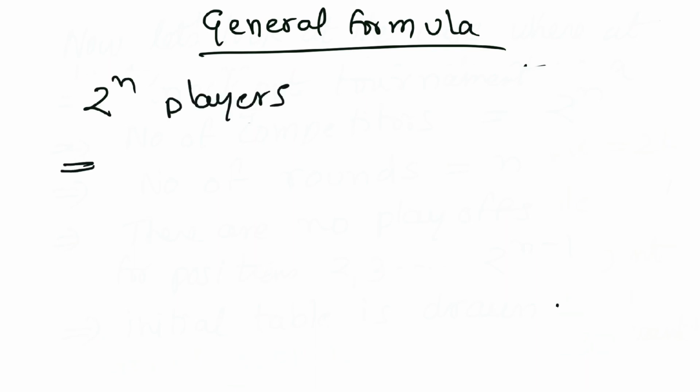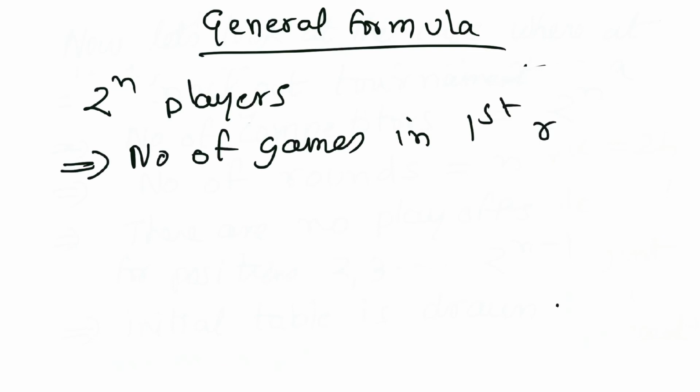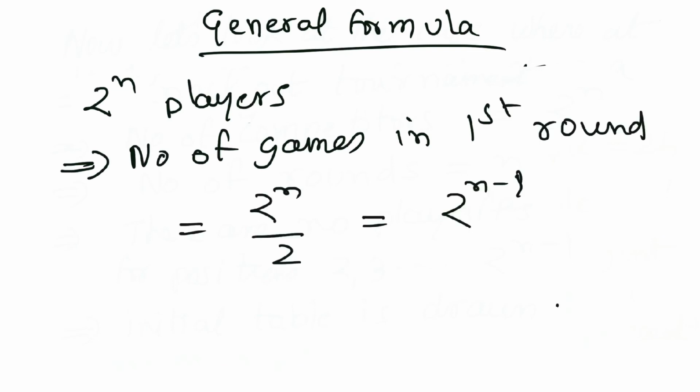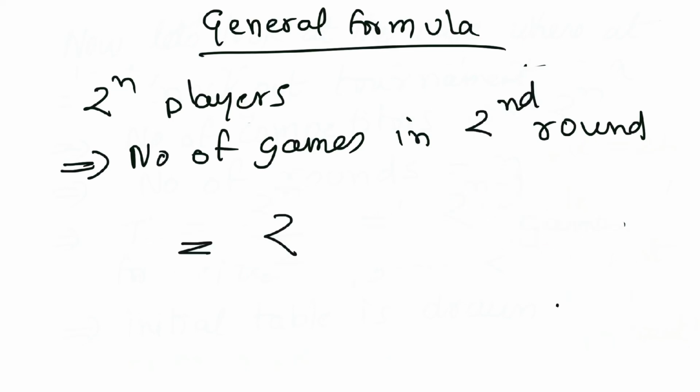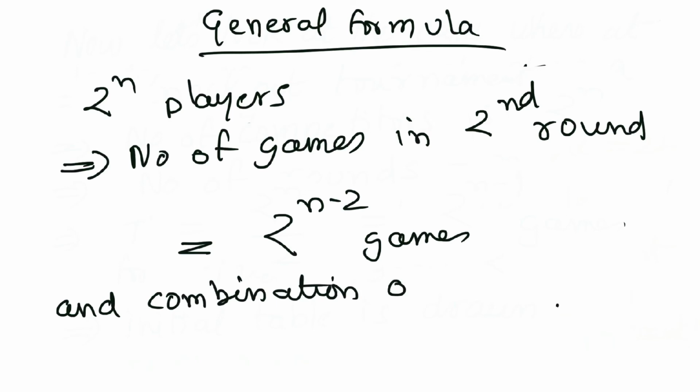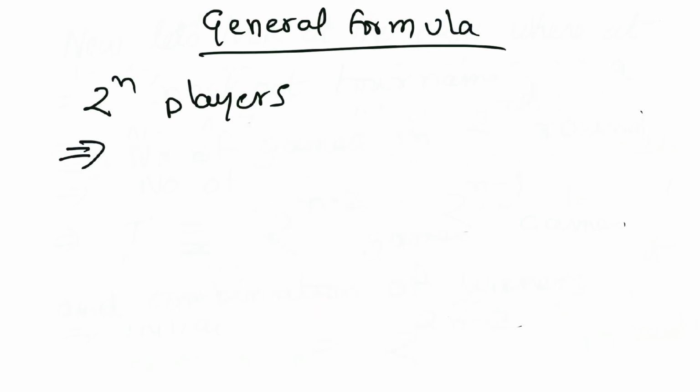So for 2^n players, naturally the number of games in the first round will be 2^n by 2, that is 2 raised to n minus 1 games. And the number of games in the second round would be 2 raised to n minus 2. And the combination of the winners in the second round would be 2 raised to n minus 2.